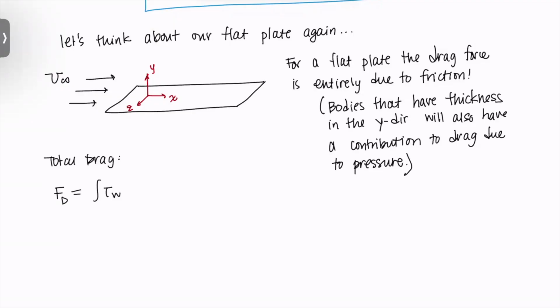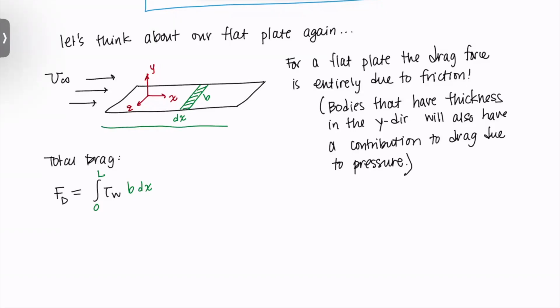And I am going to integrate over this differential area. So this is dx, and then I'm going to call this dimension b. Okay, so we're going to integrate over b dx, and we're integrating from 0 to L, which is the extent of our plate. Does that make sense to everybody?